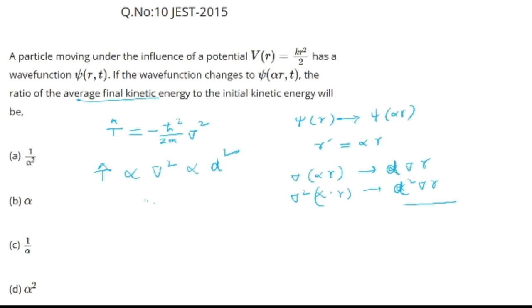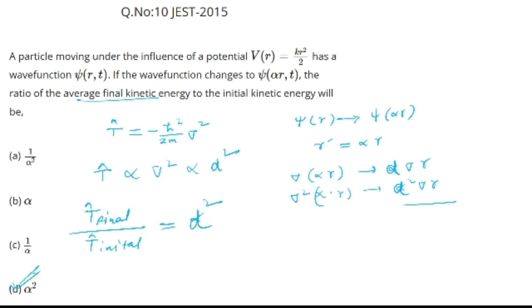Ultimately, if we take the ratio of this average kinetic energy to the initial one, T final is proportional to alpha squared and T initial is 1, so it gives only alpha squared.